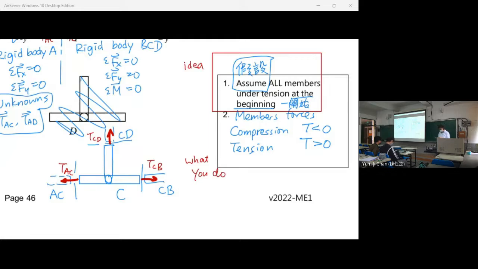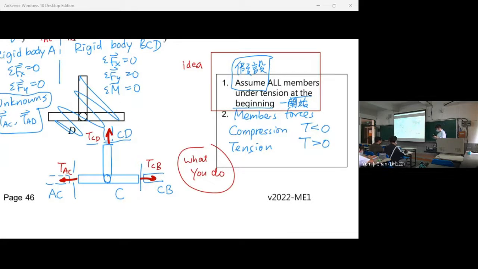In a free body diagram, these member forces point away from joints.